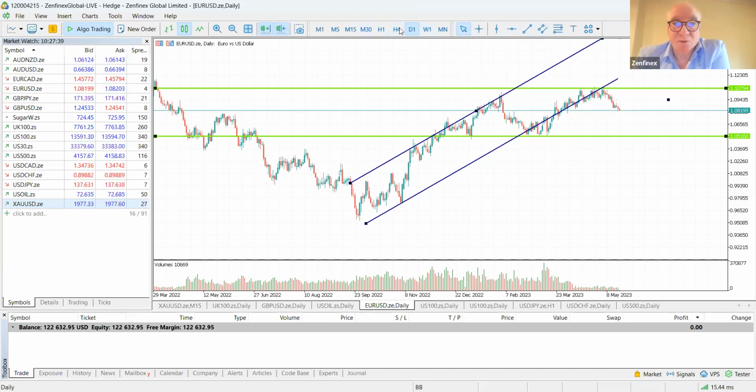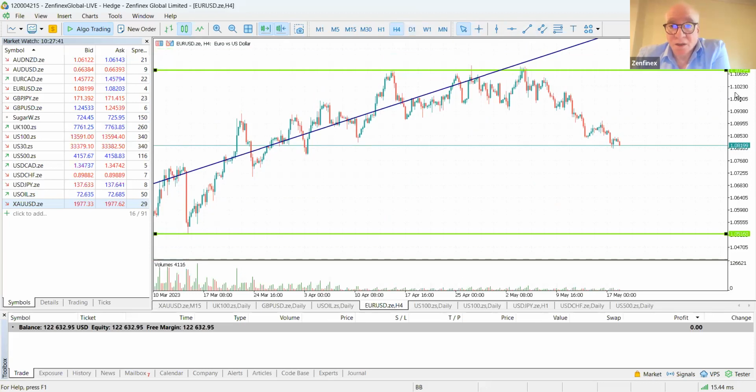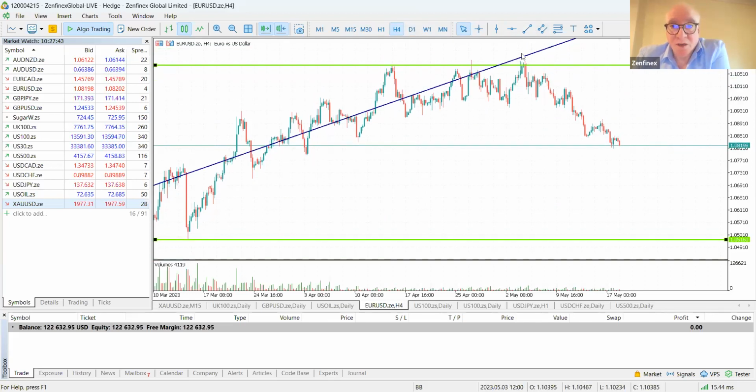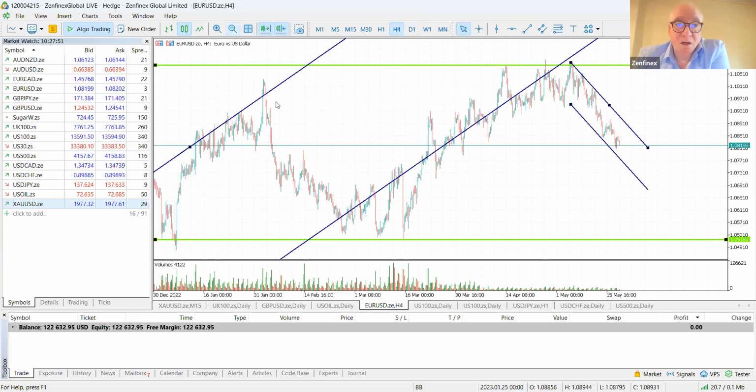So let's now go to a 4-hourly perspective and see if there's anything there we can capture. Right, so we can definitely put a channel from a short-term perspective down here. So this long upward channel, it's been skirting the lower side of it, it's broken out of it, and now it's in a shorter term downward move.